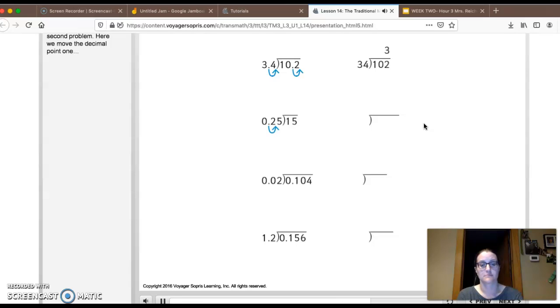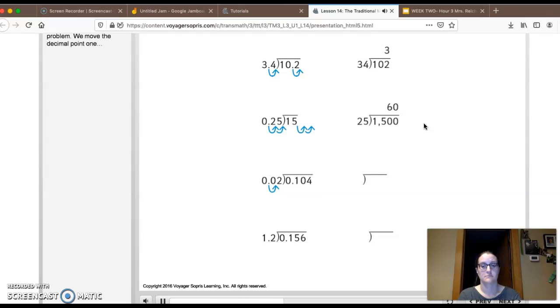Here we move the decimal point 1, 2 times in the divisor to make 25. We also move the decimal point 1, 2 places in the dividend. We have to add 2 zeros at the end to make 1,500. The quotient is 60.